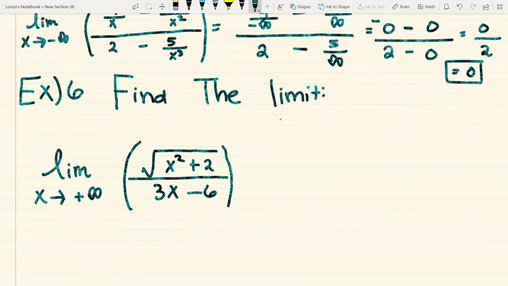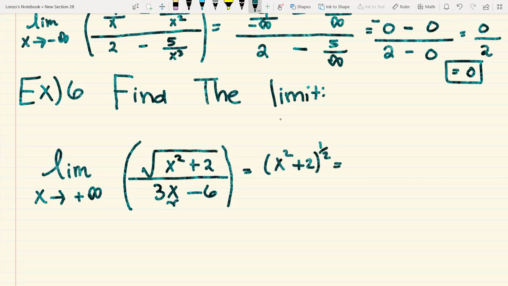So what you want to do is, because this is a rational function, divide each term by the highest term of the denominator, which I believe is just x. But before we do this, we can simplify the numerator. What is the square root of x squared plus 2? Well, that's equivalent to saying x squared plus 2 raised to the 1/2, right?